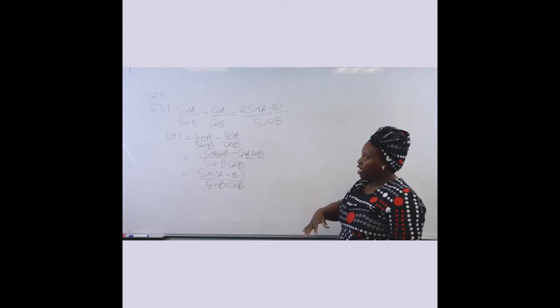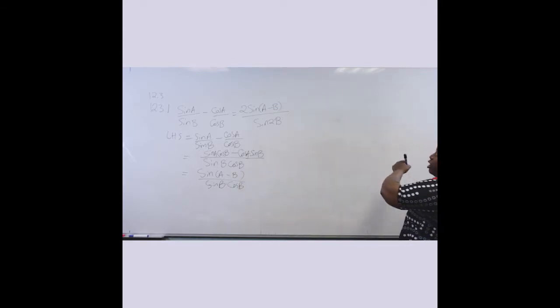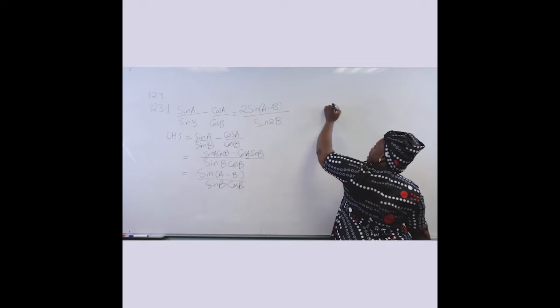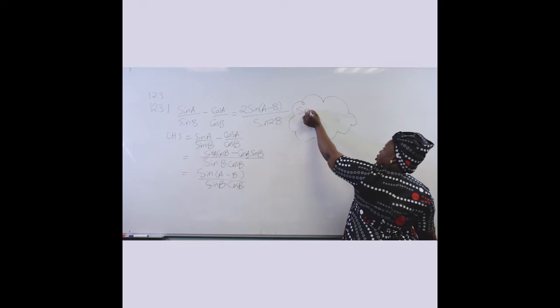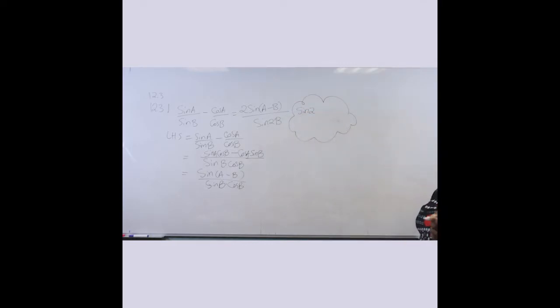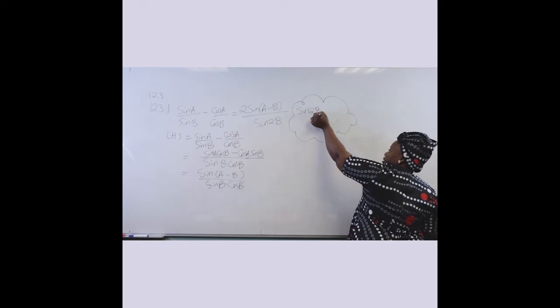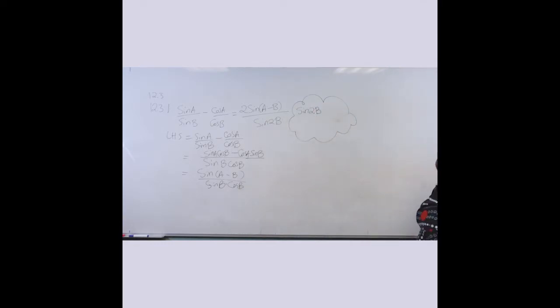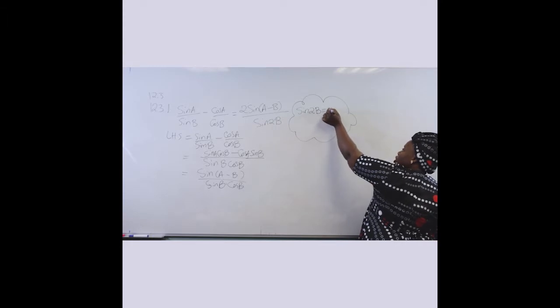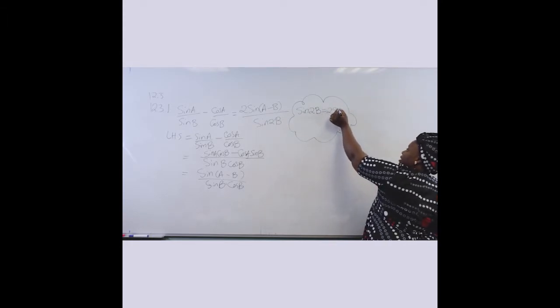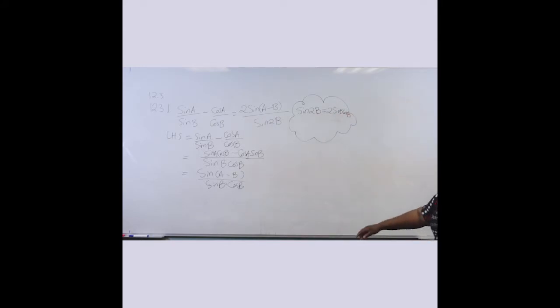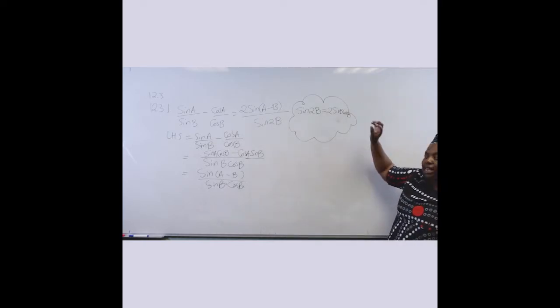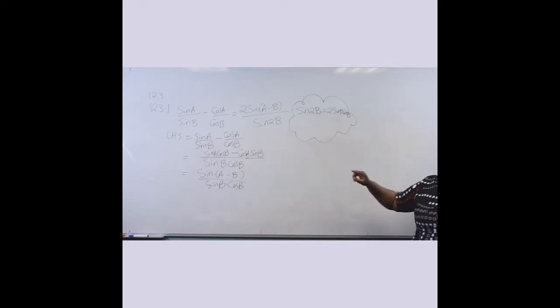If we go back to our formula sheet, let's just write it as rough somewhere. We will find that sine 2 of a same angle, in this case, we are talking about B, is actually equal to 2 sine B cos B. Now, if I want sine B cos B to be the subject of the formula in this double angle, I must divide both sides by 2.